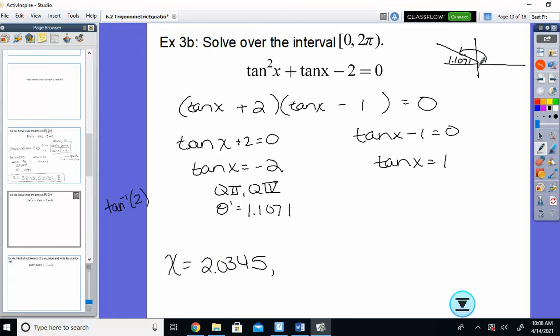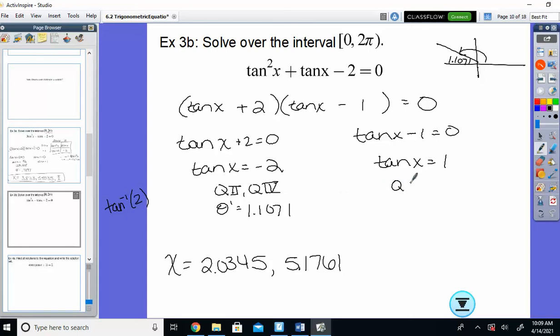In quadrant 4, what would we do? Take 2 pi minus that. 2 pi minus the 1.1071. So those are the two answers for the first one. Second, we need to know when tangent is equal to a positive 1.